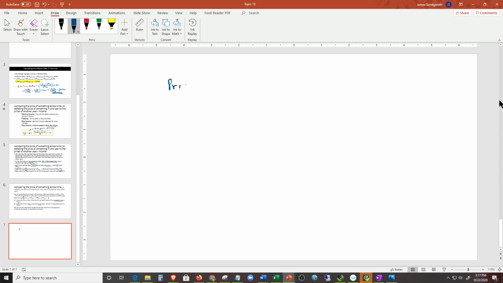So let's just put price of 1950 over CPI in 1950 should equal the worth of a dollar today over the CPI, well, not today, but last month in 8/2020. And plugging in what we know, this value and this value are given. So we solve for this.